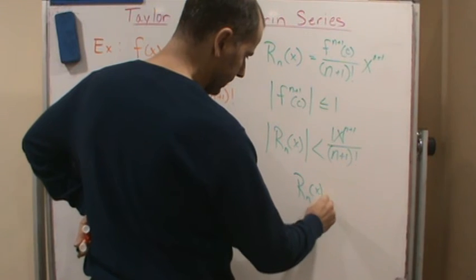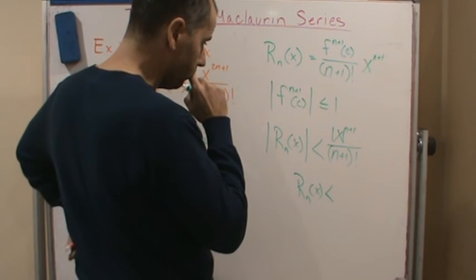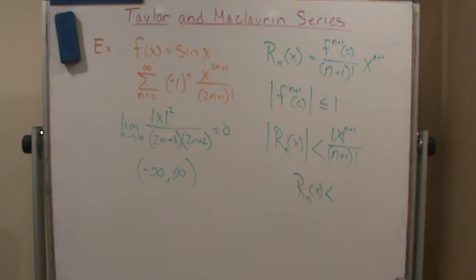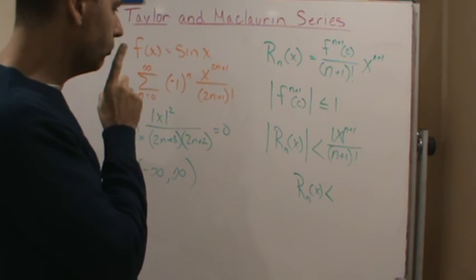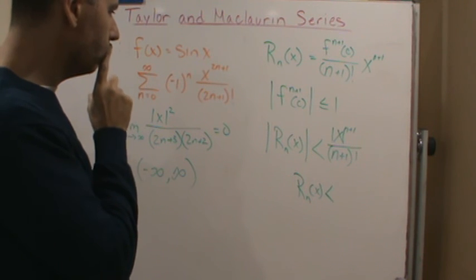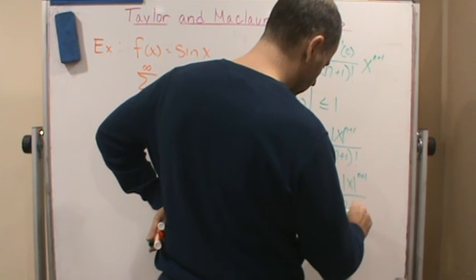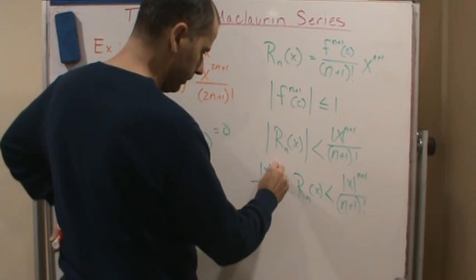So R sub n of x has to be less than the absolute value of x to the n plus 1 over n plus 1 factorial, and it has to be greater than the negative of that.